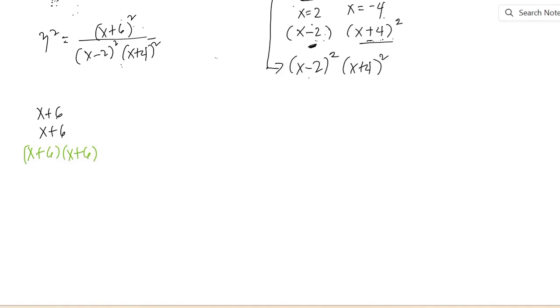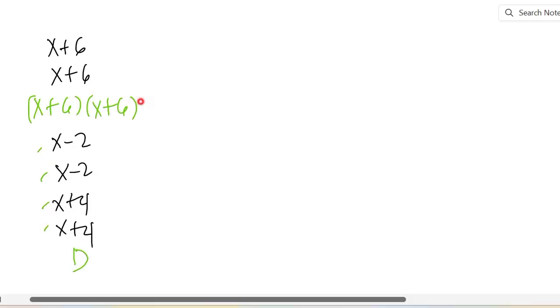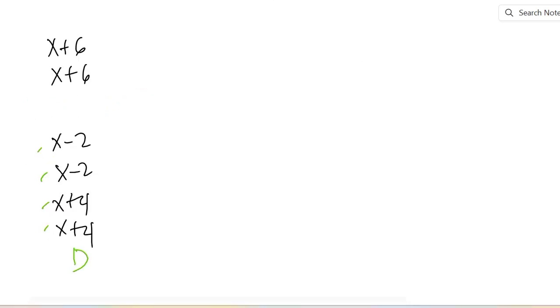While for the denominator, we have x minus 2, x plus 4, and x plus 4. If we multiply these values, that would give us the denominator. For simplification, we just delete this and change this to numerator.